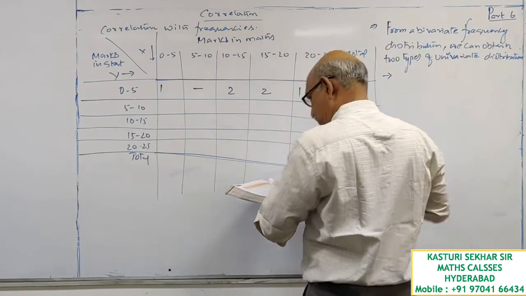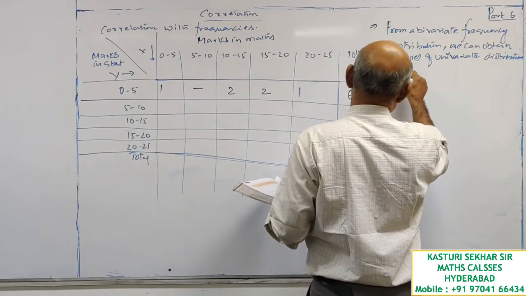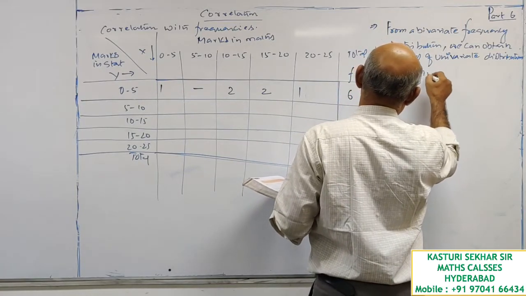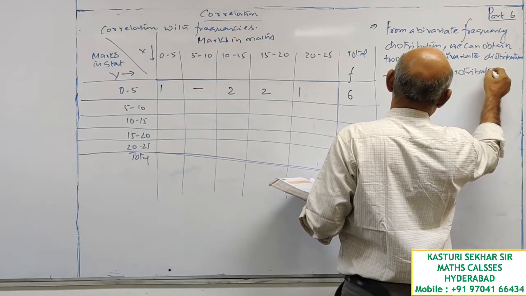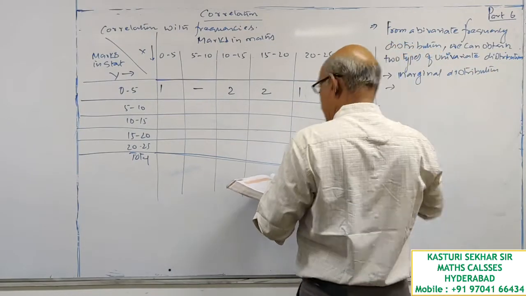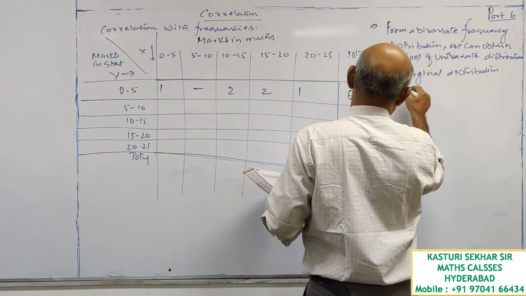First one is marginal distribution. Second one is conditional distribution.